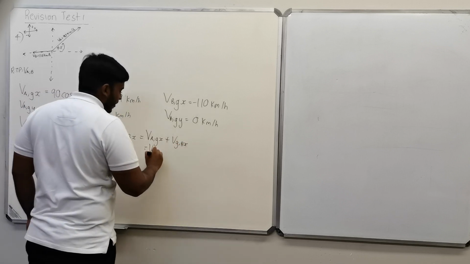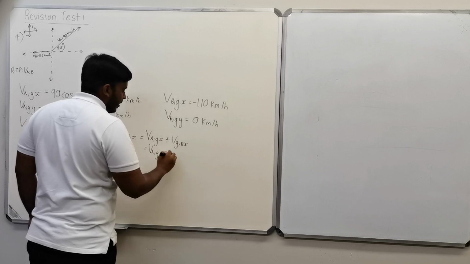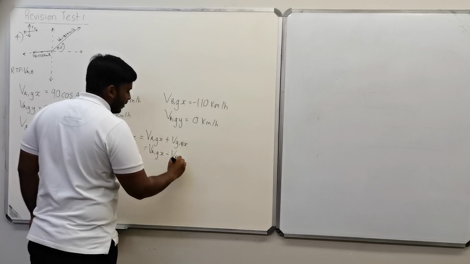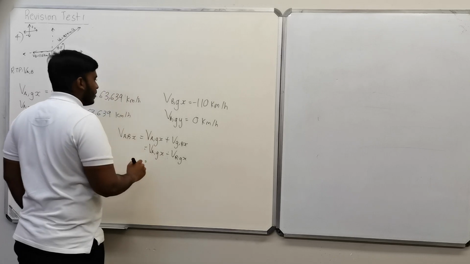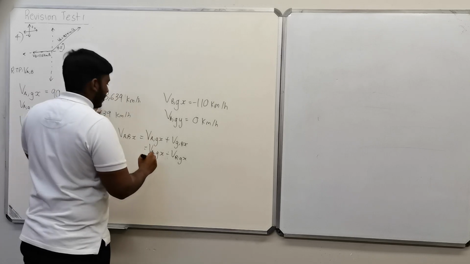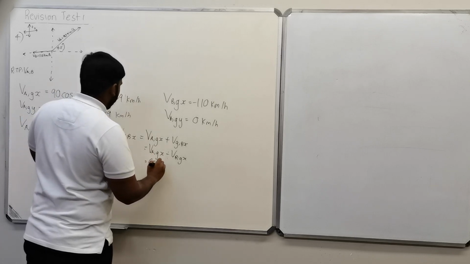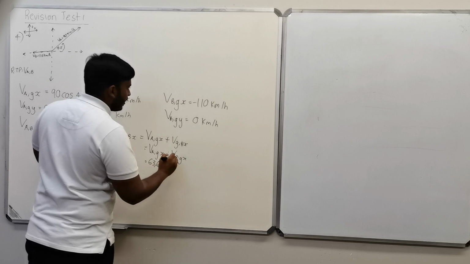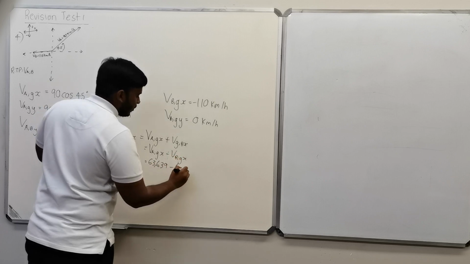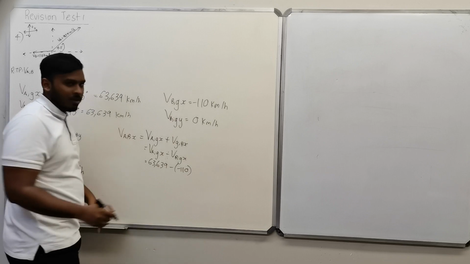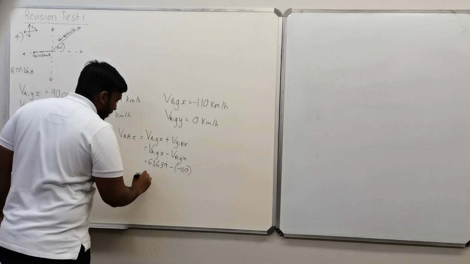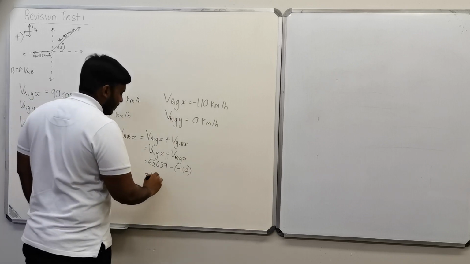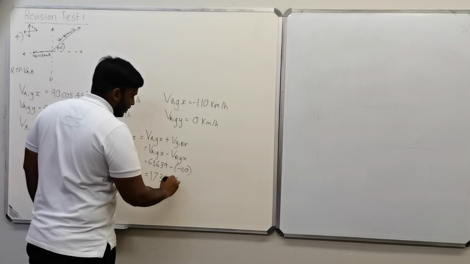Velocity of A relative to ground along the x minus velocity of B relative to ground along the x. Substituting, this will be 63.639 minus 110. And what do you end up with? 173. 169.